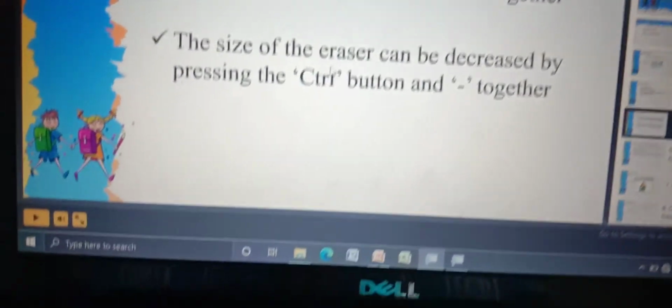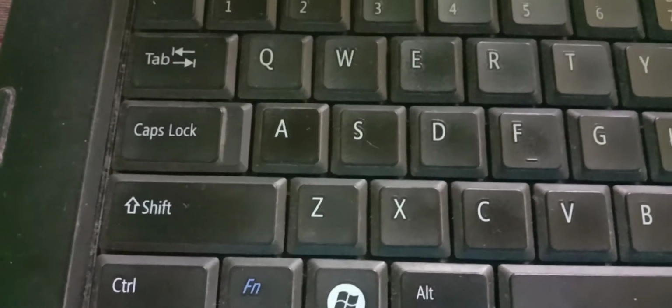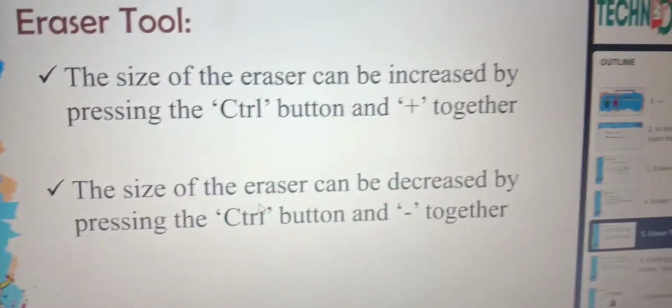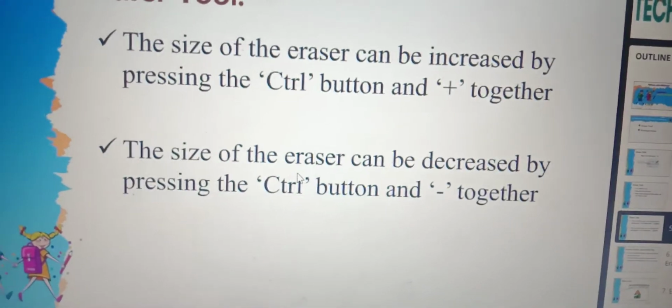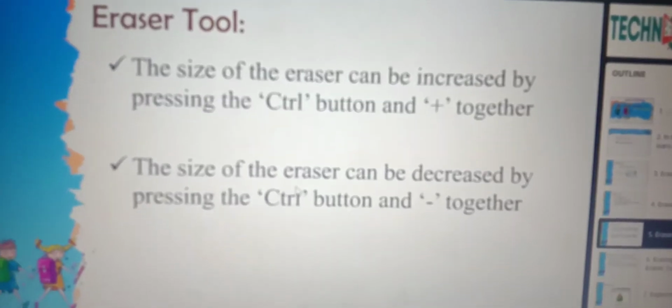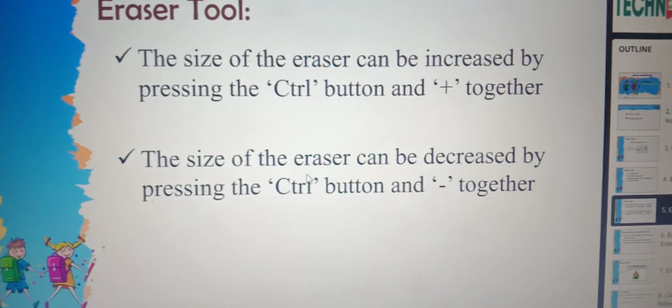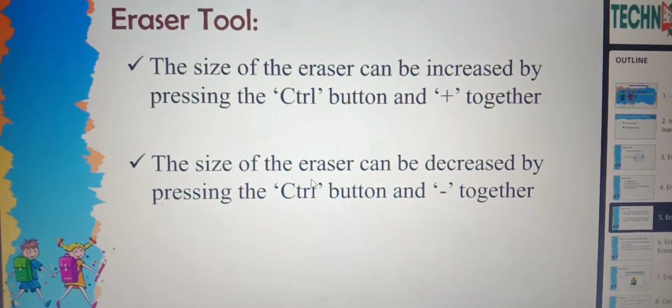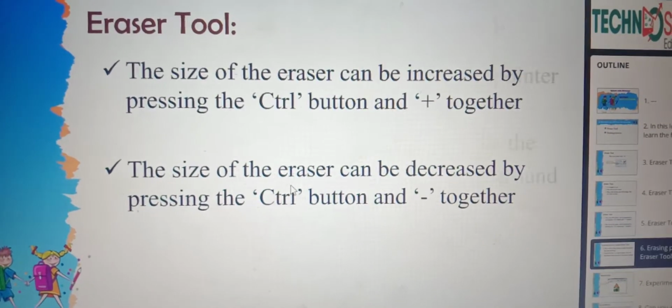See here, children, here you have Control, right? Together you need to press Control plus plus for increasing. And you need to press Control plus minus for decreasing your eraser size.